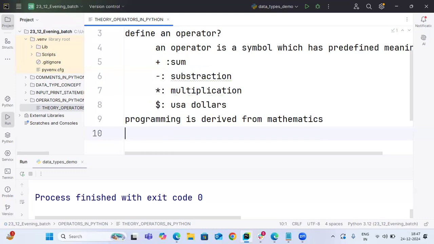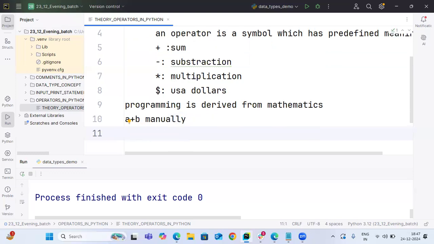Yes or no? You can perform A plus B manually. You can also perform, let's suppose, AB, which is the mathematical way for multiplication, the product of A and B. What is the programmatic way? A asterisk B is the programmatic way.